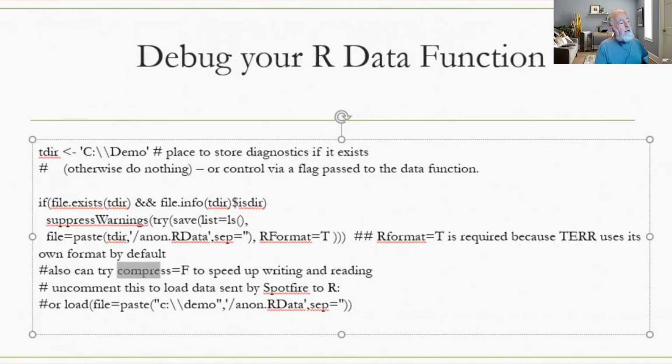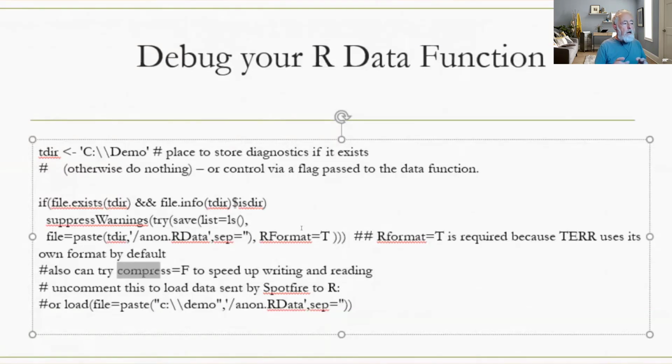So if you're using TERR from Spotfire, you have to have this parameter, R format, that tells it to write in the standard R format, and I recommend using open source R for debugging.